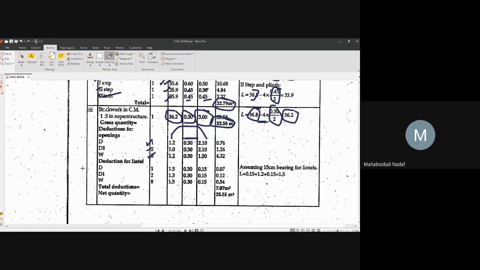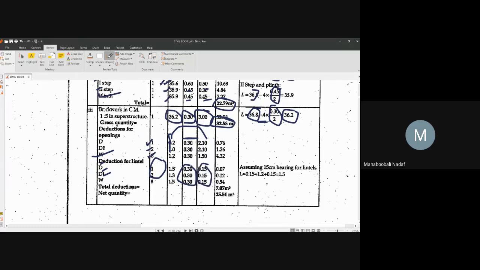Same thing for the lintel. The same openings and same numbers you are going to write, but you are adding bearing. 1.2 plus 0.15, 0.15; 1 plus 0.15, 0.15. Like that you are going to add. Width is the same. Thickness of the lintel is this.